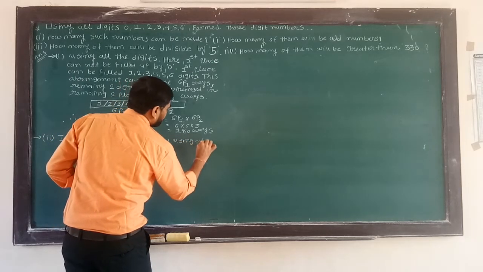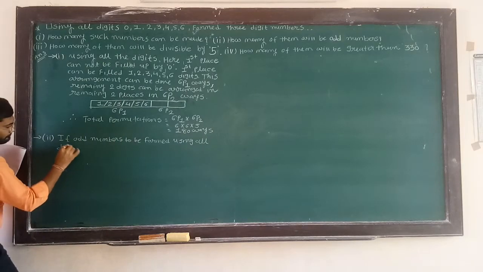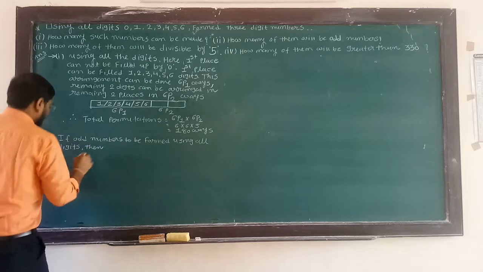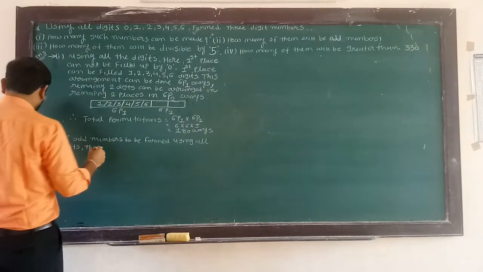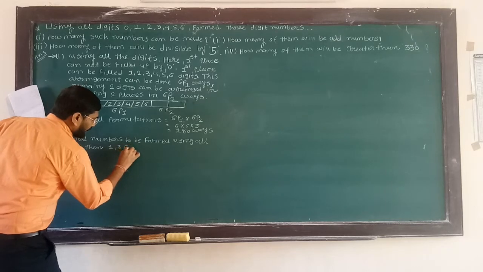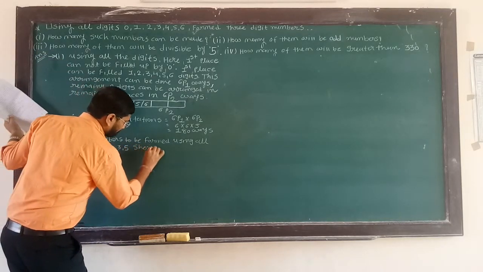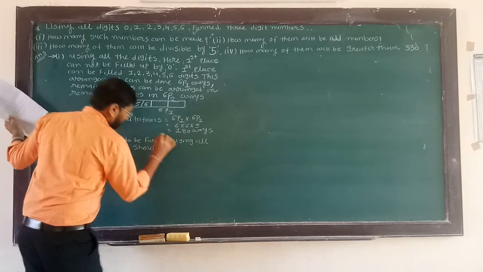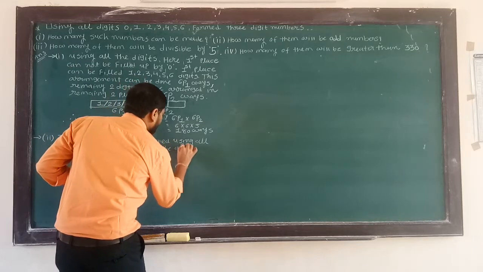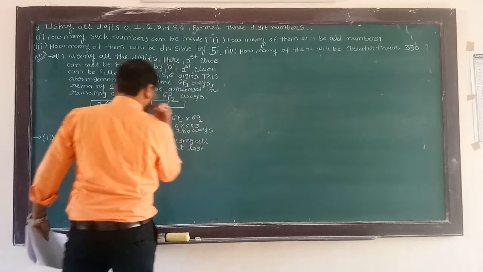using odd digits, then 1, 3 and 5 should be at the last place.